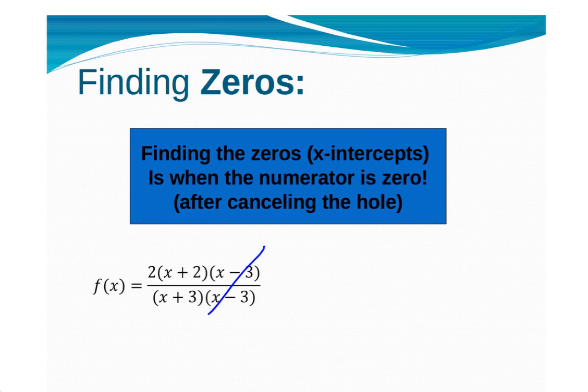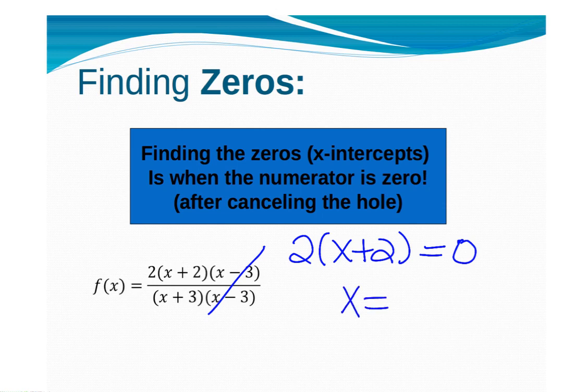We have 2 times x plus 2, and we want to set that equal to 0. When our numerator is 0, that is when we have an x-intercept. If I solve this, when I divide by 2, I still get 0, and I subtract 2, I get x is equal to -2. This is where it is going to cross the x-axis. My x-intercept, or my zero, is at x equals -2.